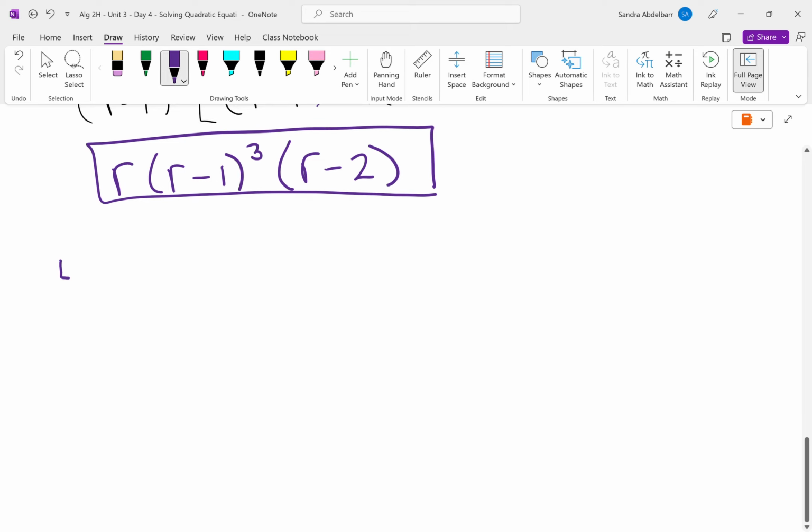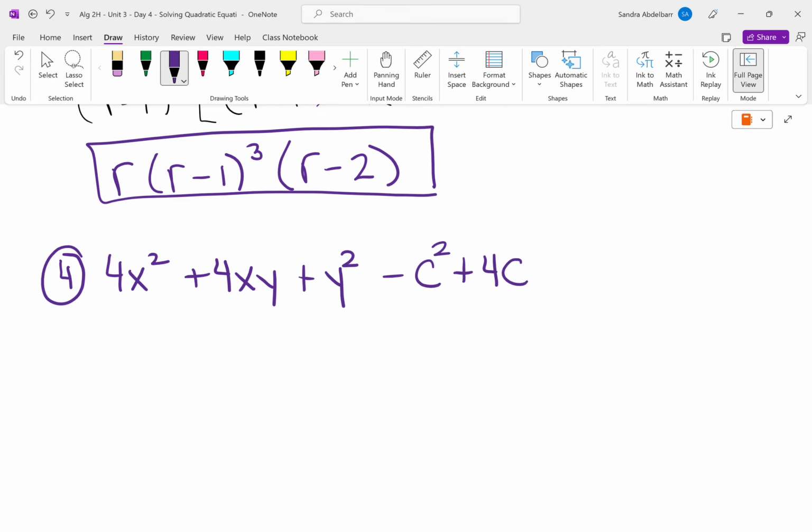All right, and number 4. 4x squared plus 4xy plus y squared minus c squared plus 4c minus 4. 1, 2, 3, 4, 5, 6. 6 terms.